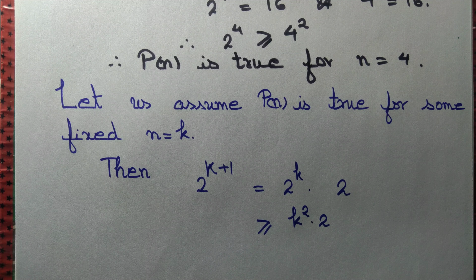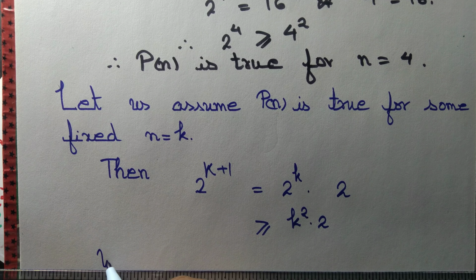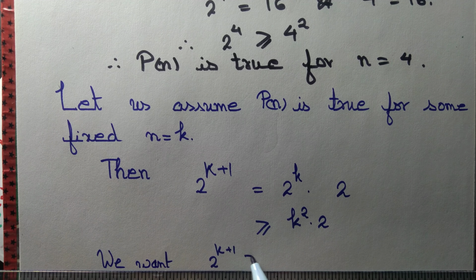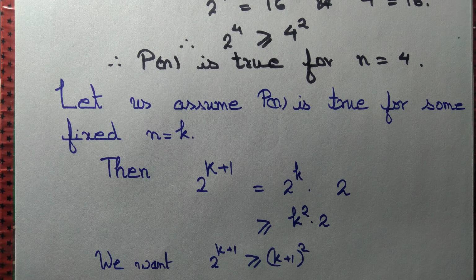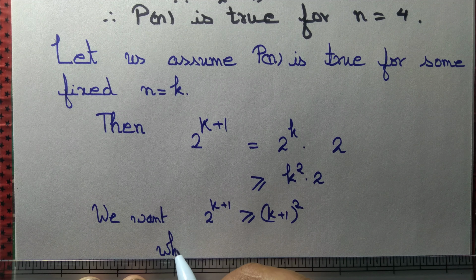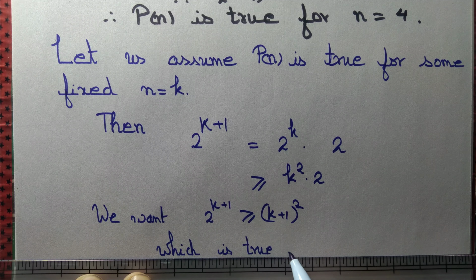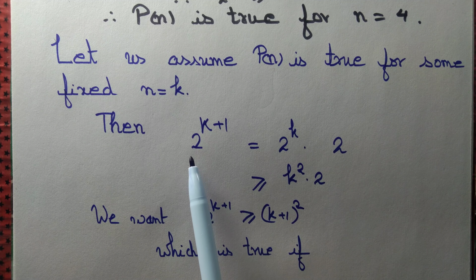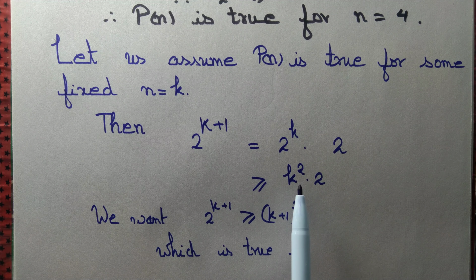Now, we want to show that P(k+1) is true. That is, we want 2 to the power k plus 1 greater than or equal to k plus 1 whole thing square, which is true if 2 to the power k plus 1 is greater than or equal to 2k square.